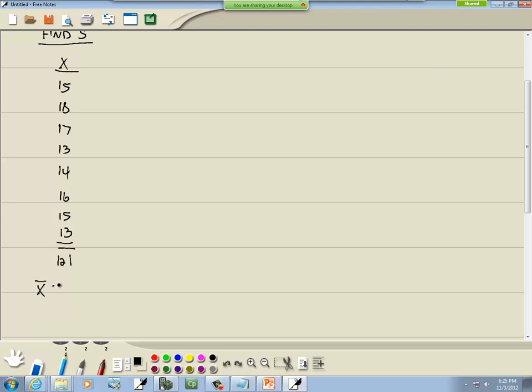Well, we need x bar, so we're going to take 121 divided by how many we have, and I think it was 8. Yeah. So 121 divided by 8 gives us 15.125.